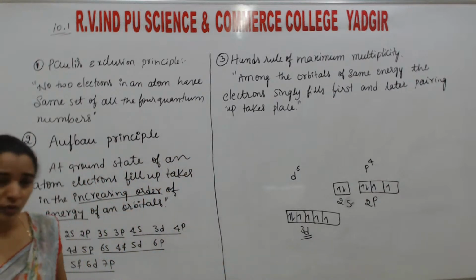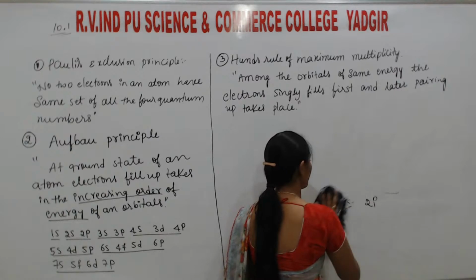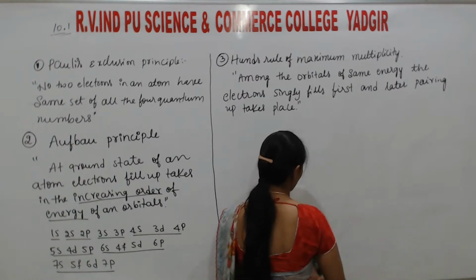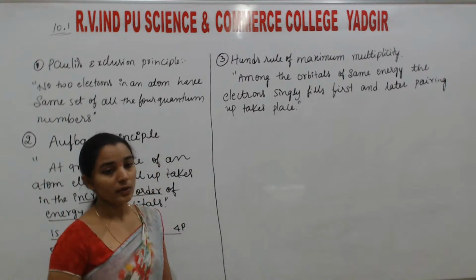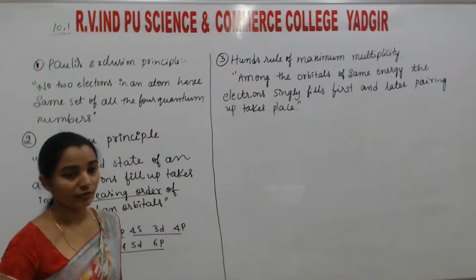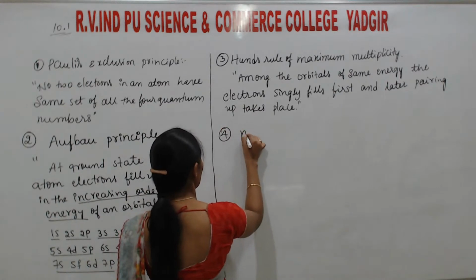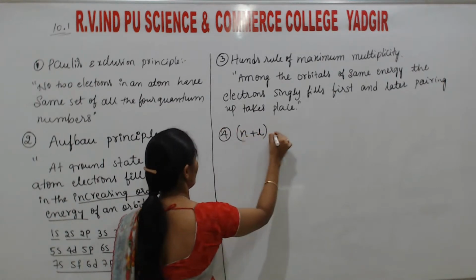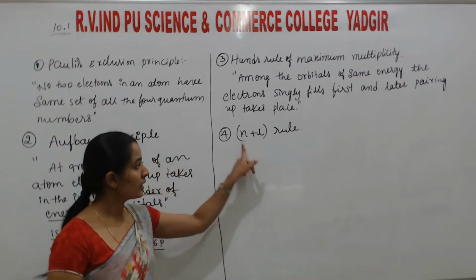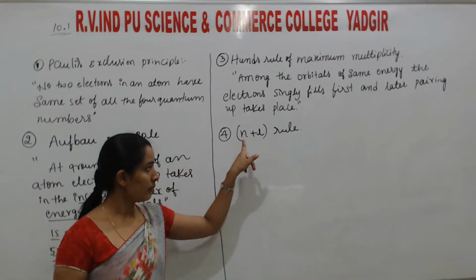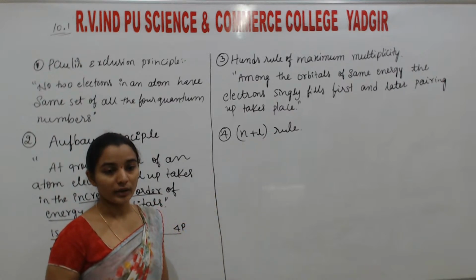Overall, how will the question arise here? They only ask for a statement: state Pauli's exclusion principle, state the Aufbau principle, state Hund's rule of maximum multiplicity. A statement is enough for you. Okay. And the last one is the n plus l rule, the most important rule here. n means principal quantum number, l means azimuthal quantum number.